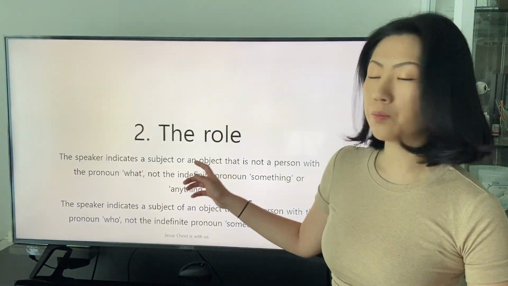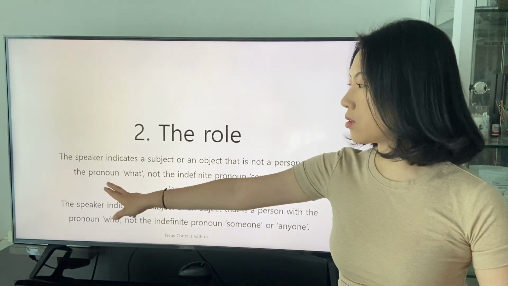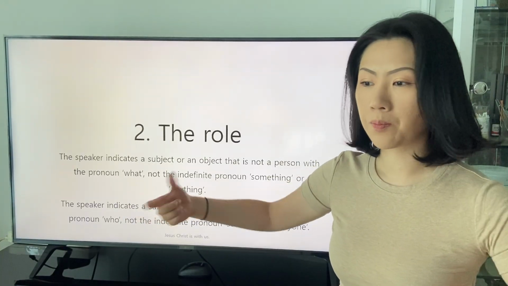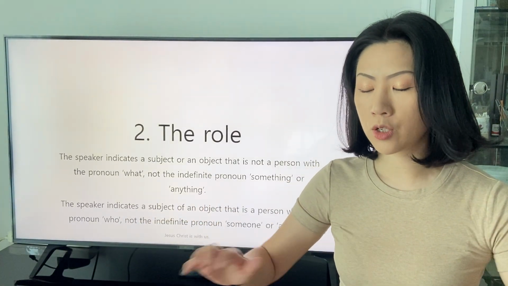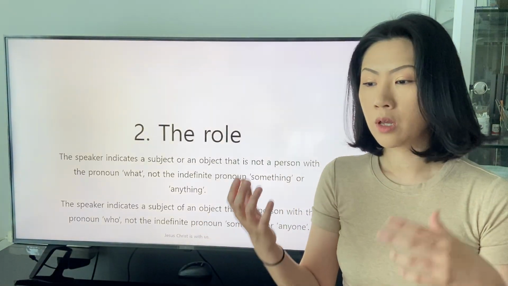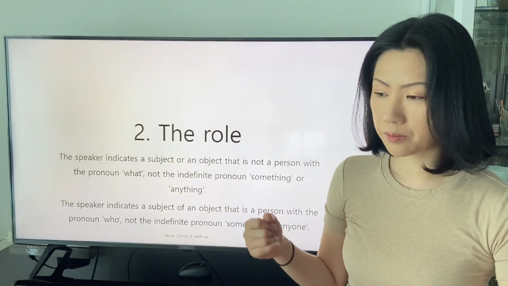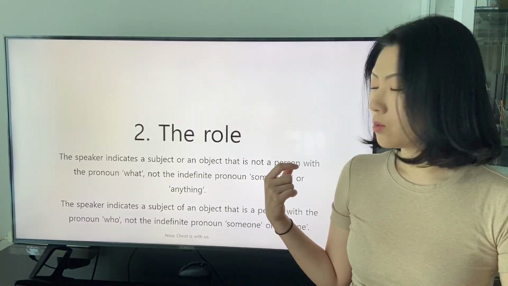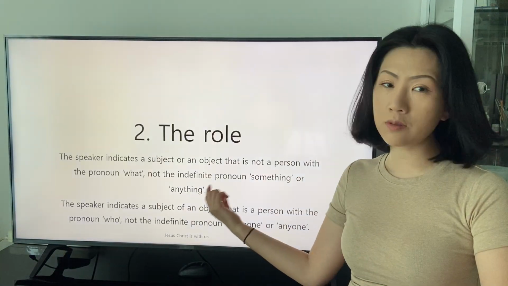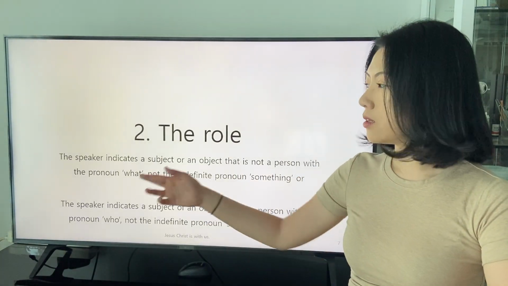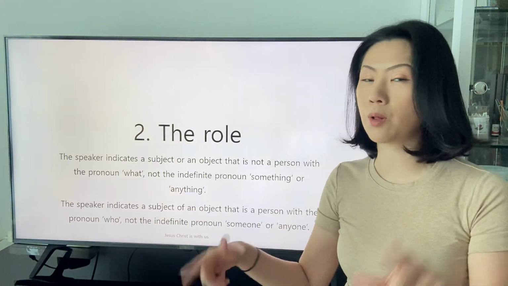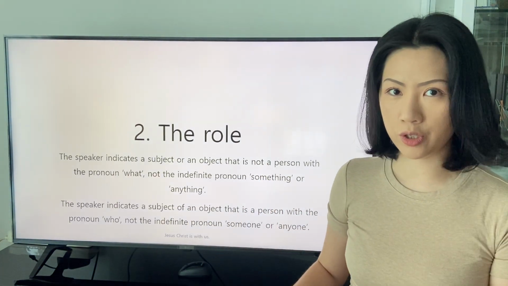The first pronoun is the pronoun what. This is able to be applied to indicate a subject or an object that is not a person. Unlike the indefinite pronouns something or anything, this pronoun what is able to link the subordinate clause to the main clause as a conjunction.